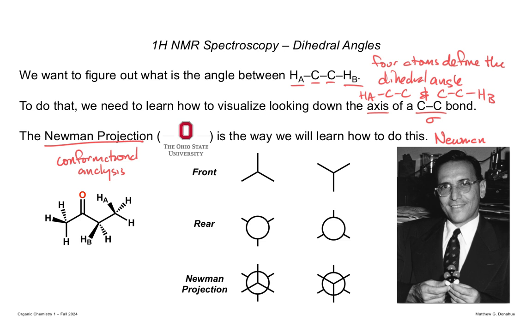So the Newman projection has 3 components. The front carbon is drawn as these 3 lines. Then we have the rear carbon, which is drawn as a circle, and then those lines projecting away or out of it are the bonds to that rear carbon.